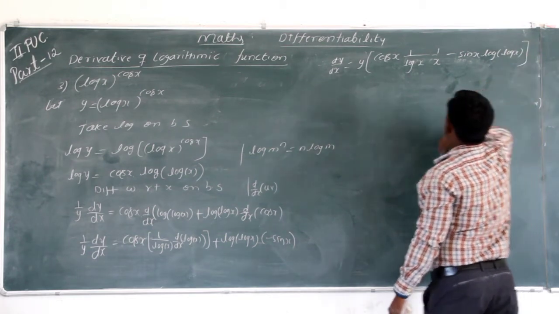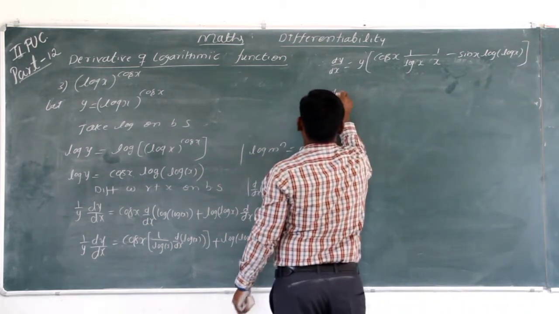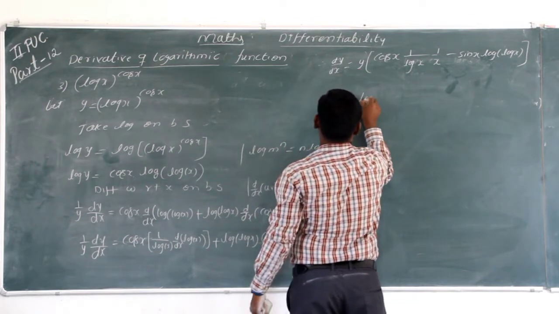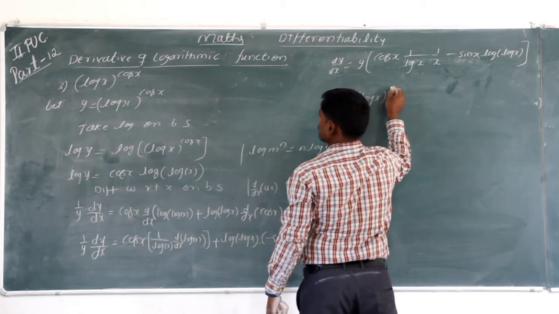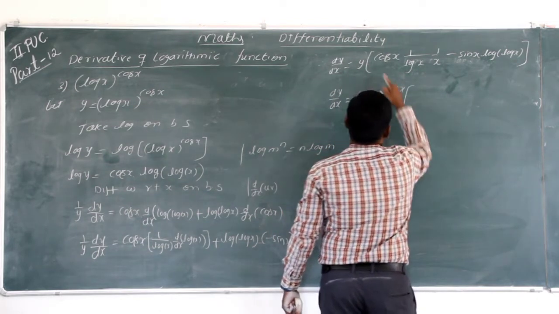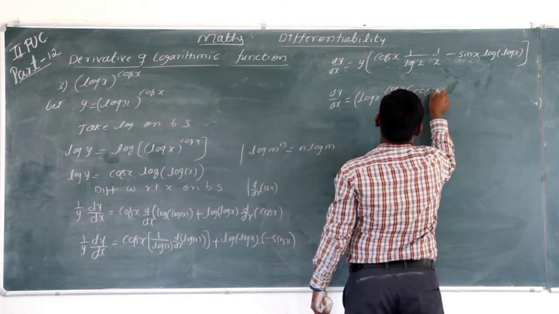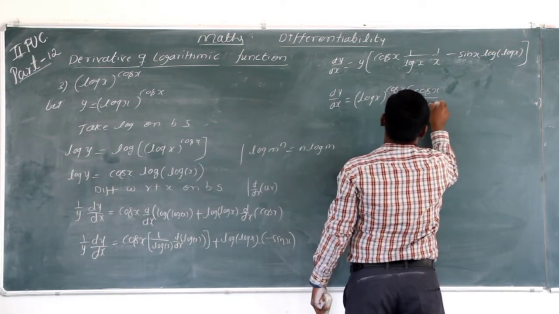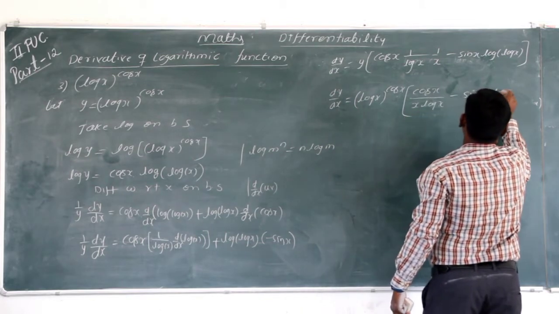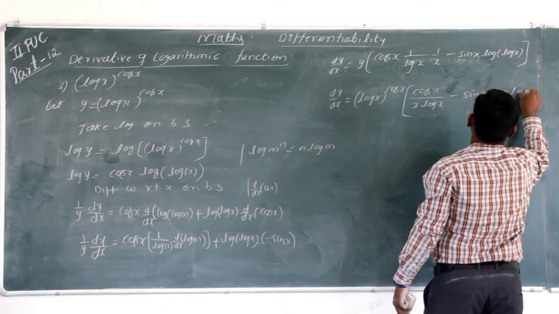Okay, so next step: therefore dy by dx is equal to, where y is equal to log x to the power of cos x, into cos x divided by x log x minus sin x into log x.